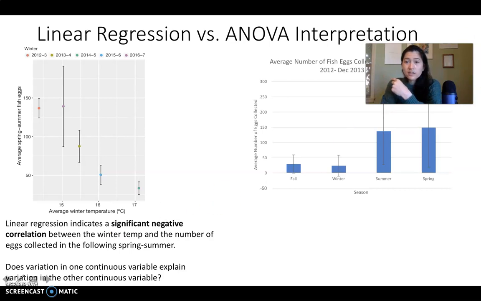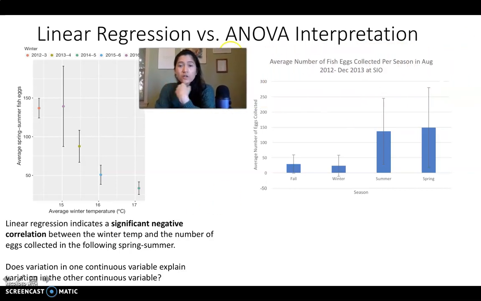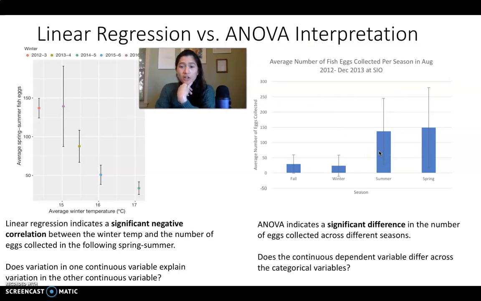In contrast, when you are talking about an ANOVA, so this is a bar graph we made from the fish egg data set, for instance. When you're talking about an ANOVA, what you're testing for is whether there's a significant difference between these different categorical variables you're comparing.